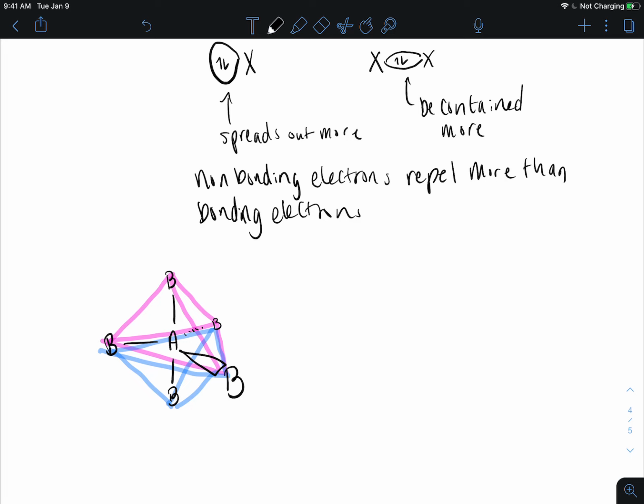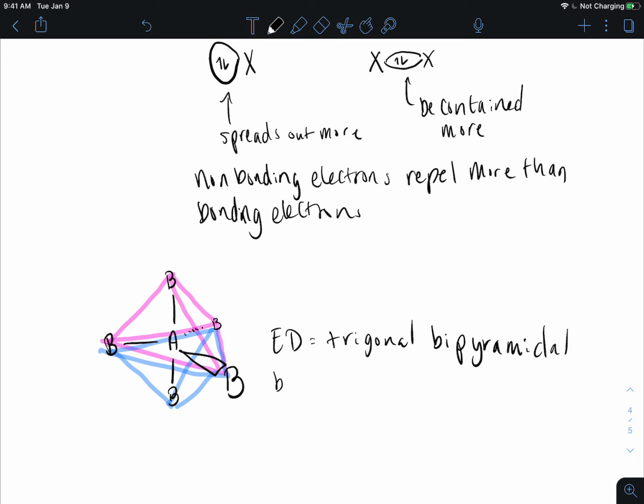So we have two triangle-based pyramids. So this electron domain geometry is called trigonal bipyramidal.